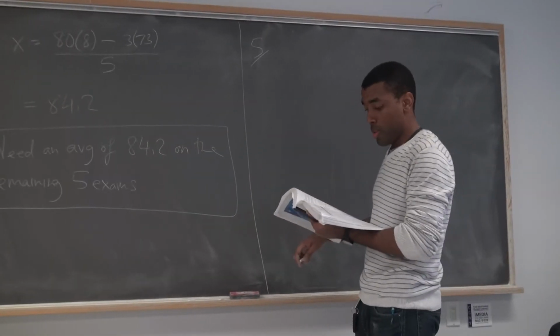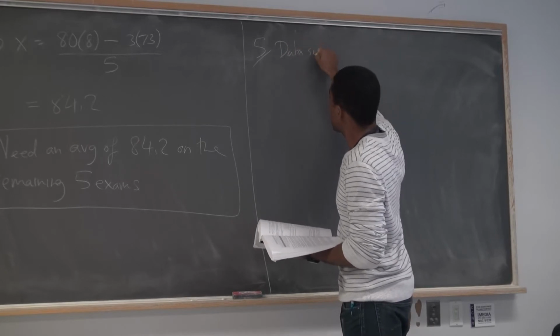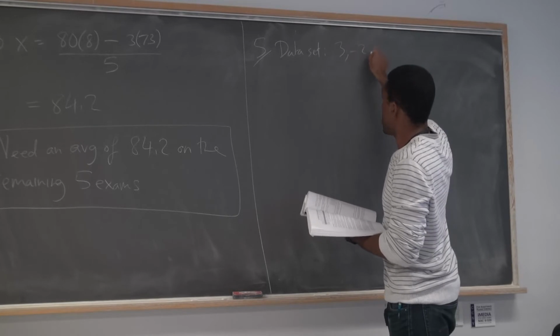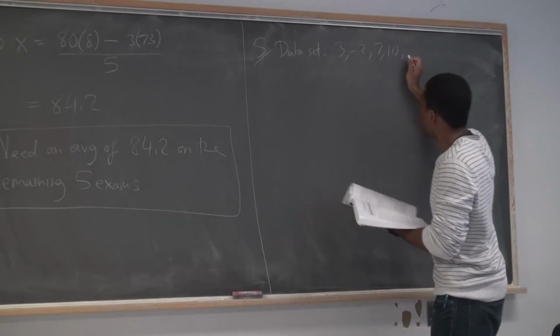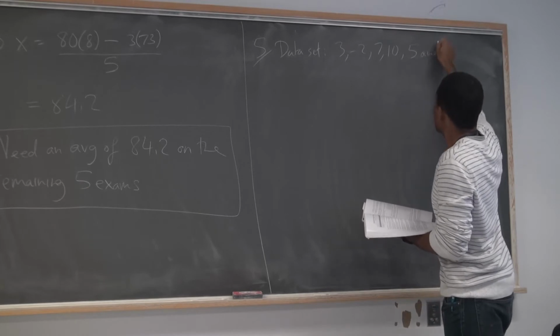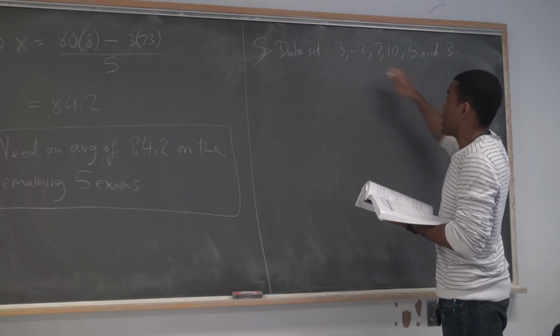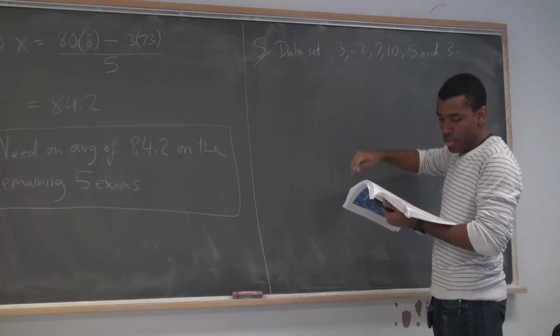But let's finish this. So we have a data set here, and it is 3, minus 2, 7, 10, 5, and 3. And the 3 is not a typo, it literally occurs twice. Assume that there are 2 3s.